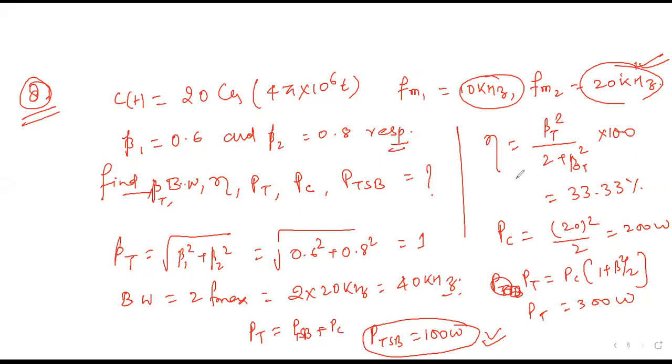Beta t is 1 now. Efficiency will be 33.33%. Okay.